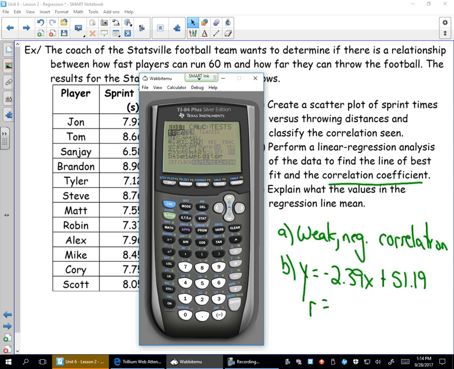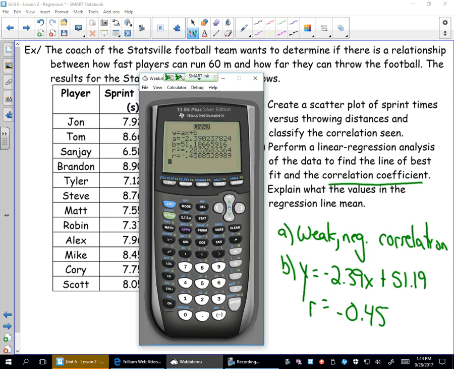Now if we go back to stat, calc, LinReg, and do it again, we'll get R. R is negative 0.45. Just to point out, whatever your slope value is, if it's a negative, this should be a negative. If it's a positive, it's a positive. So mathematically, yes, it's negative, but it actually turns out it's kind of a moderate correlation. It's halfway into the moderate zone.